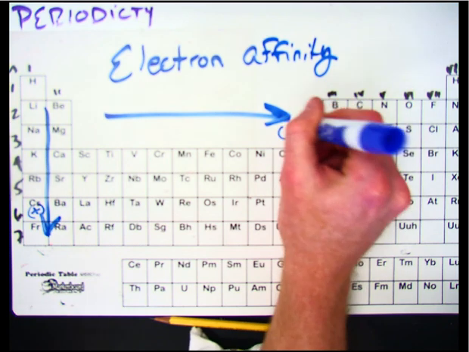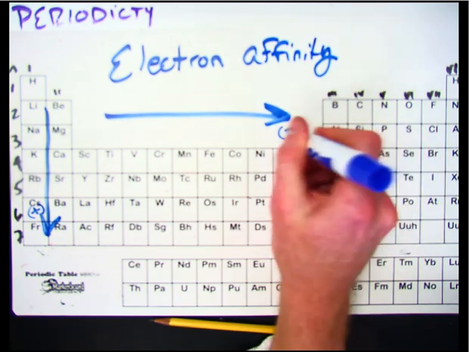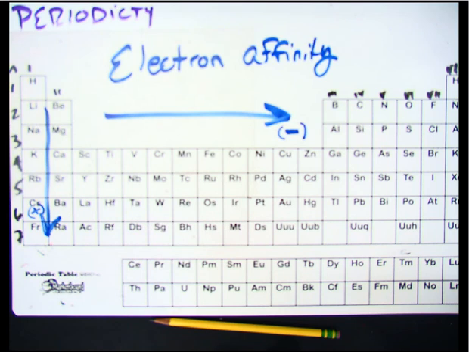As you move across the period, it becomes more negative because the electrons are closer and closer to the nucleus, meaning it gives off more energy. Exceptions occur within this trend when you begin your first pairing. If you force an atom to do a pairing, it's going to give off less energy.